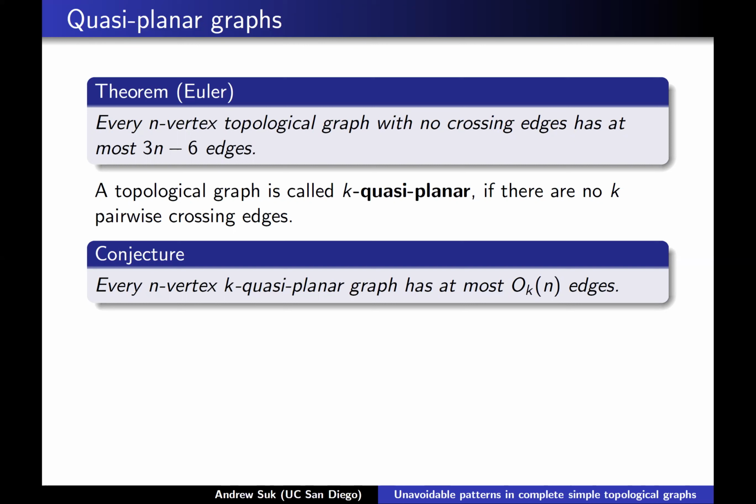And so when k is fixed, for example, when k is, let's say, 3 or 4, there's this pretty well-known conjecture that states that every n-vertex k quasi-planar graph has at most big O of n number of edges. So in particular, the number of edges is still at most linear in the number of vertices even for k quasi-planar graphs. This conjecture in general is still open.